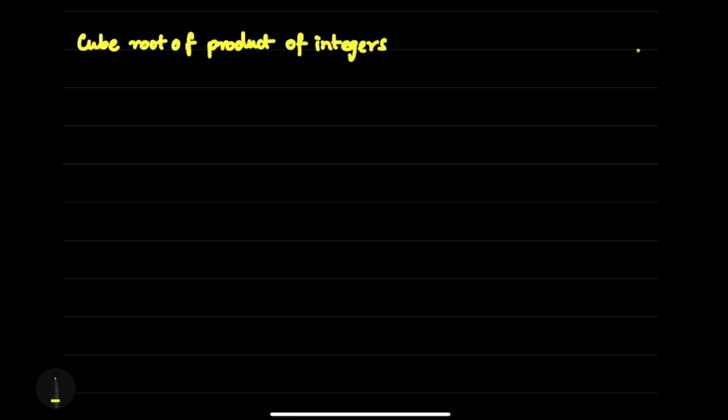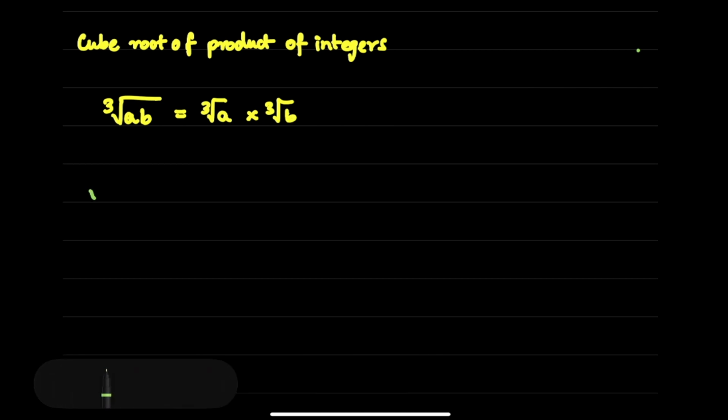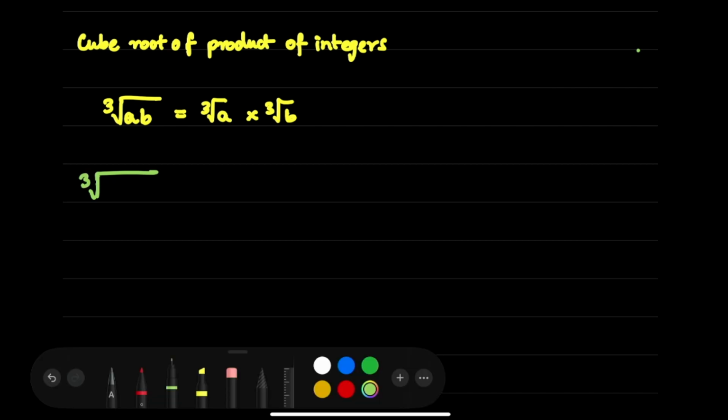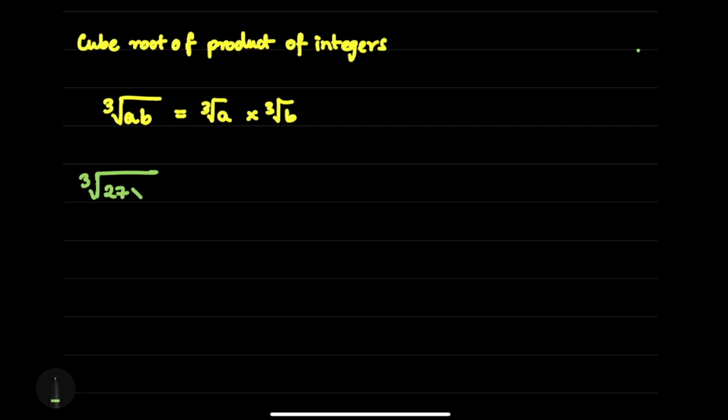So let's look at another interesting thing, which is cube root of a product of integers. So let's say we have two numbers or integers, say a and b, and their cube root would be cube root of a into cube root of b. So let's solve some examples based on this. So let's evaluate the value of cube root of 27 into 64.